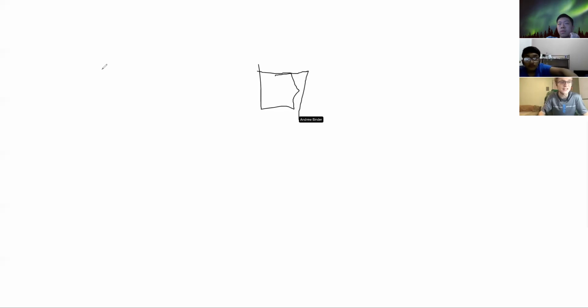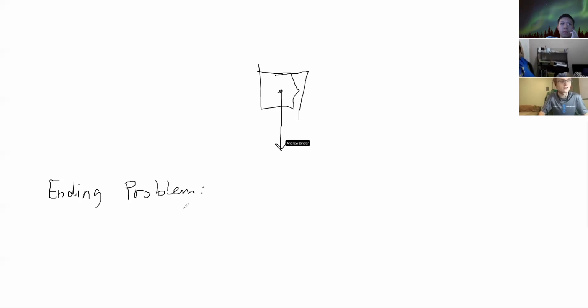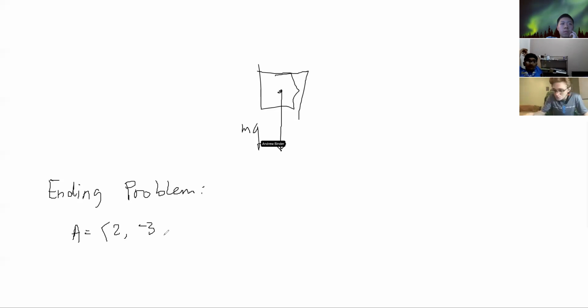A force has a magnitude, a certain amount of newtons, and it's being exerted in some direction. We can denote that as a vector. The force of gravity acts downwards at a certain force, Fg, which is the mass times the gravitational acceleration, mg. So we're going to use vectors everywhere.